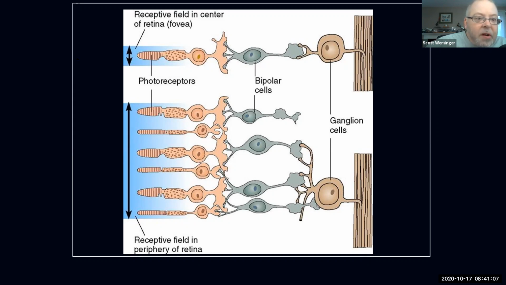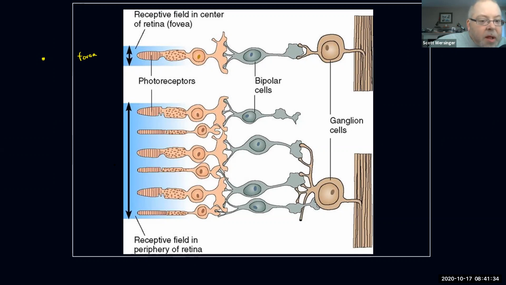This is the way it is near the fovea, where we have the highest resolution. Okay. If light strikes this photoreceptor and this ganglion cell is firing, we know very precisely in space where that point of light is. Okay, we've got a very small pixel size, high resolution. That's what we see at the fovea.